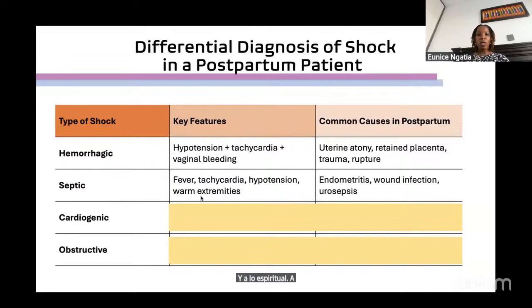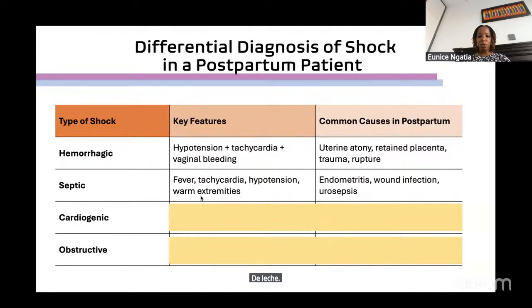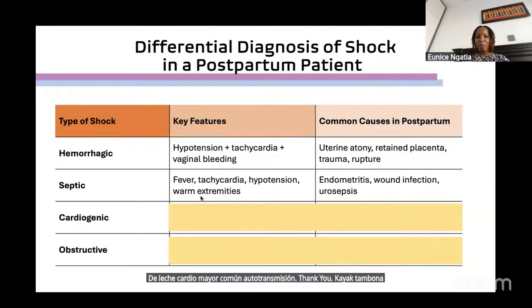What are the causes that will give you cardiogenic shock in the postpartum period? Dilated cardiomyopathy, that is very common. Autotransfusion, thank you. Cardiac tamponade, that will end up being in the obstructive. Postpartum cardiomyopathy, that is mainly.